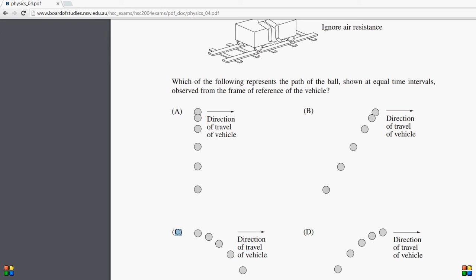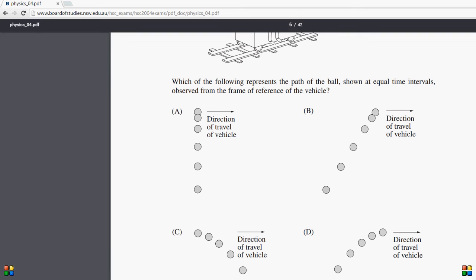This implies that the ball goes faster than the actual trolley. So this can't be right. Yeah, this can't be right. So it can't be C. Alright, so now we're up to B and D. D shows me that it looks like to me it's not accelerating in the x direction, in which it should.